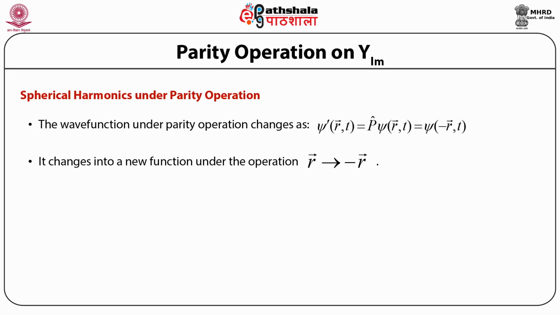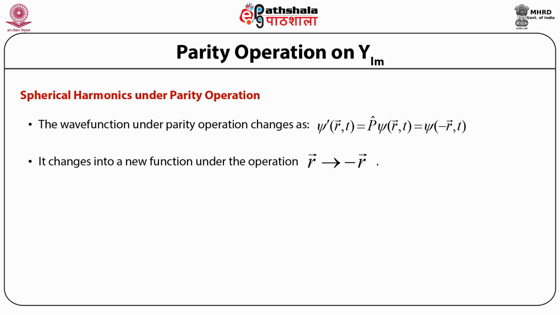So the wave function under parity operation changes as psi prime of r, t, that is, the wave function psi prime as a function of vector r and time t, is equal to the parity operator times the wave function psi of vector r, t, which is equal to psi of minus vector r, t.